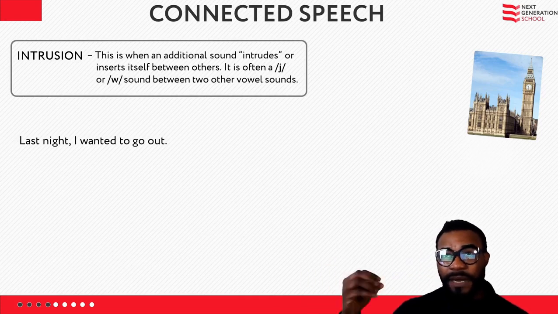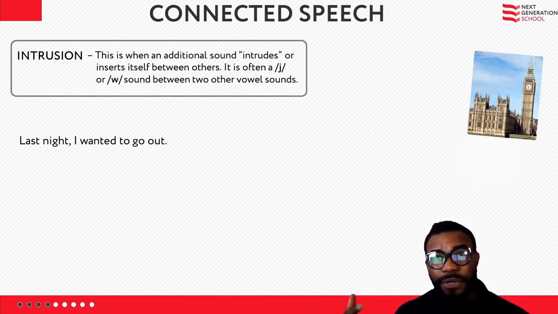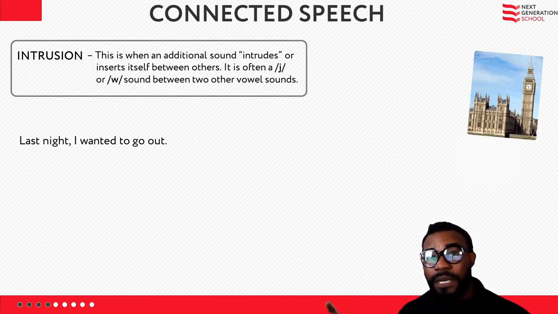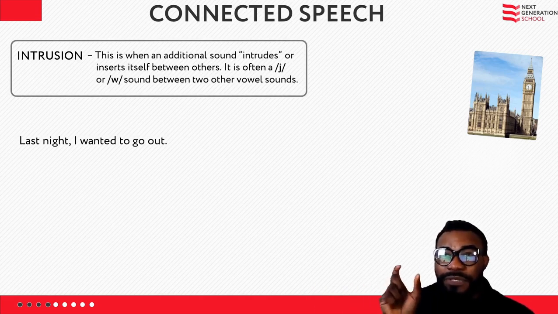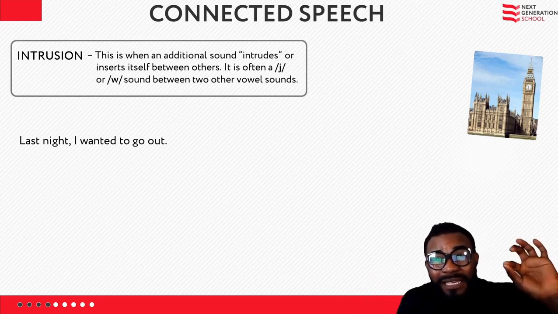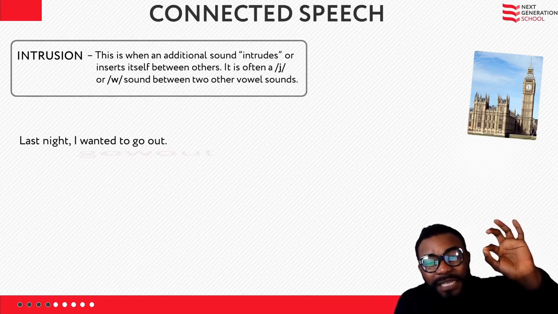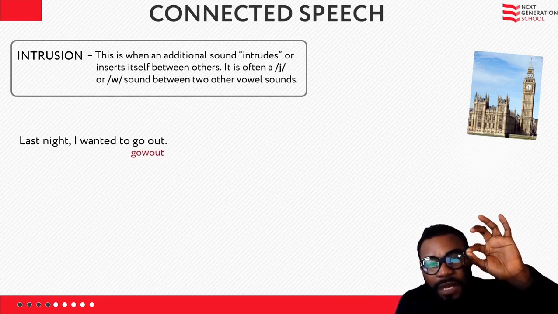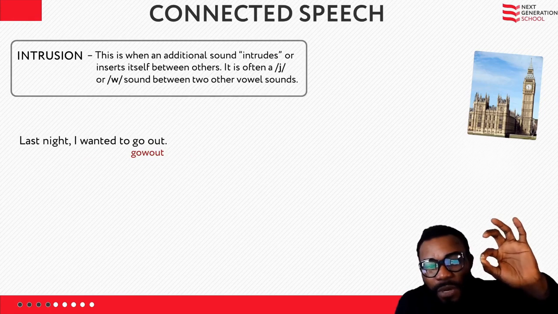But then if I read quickly, I would say, last night I wanted to go out. I wanted to go out. Go out. So I don't say go out with a gap. Because I have two vowel sounds, o and ow, I kind of insert a w: go wout.